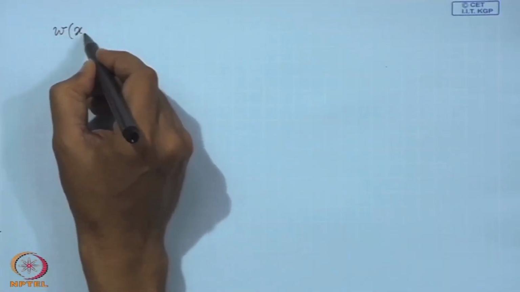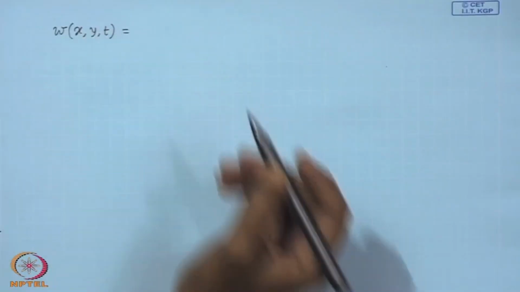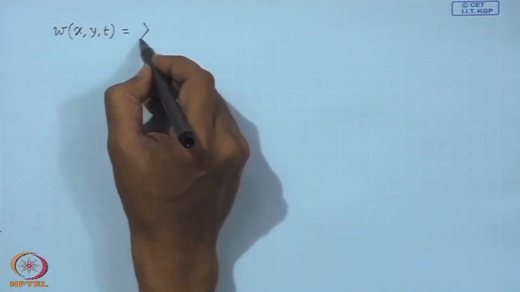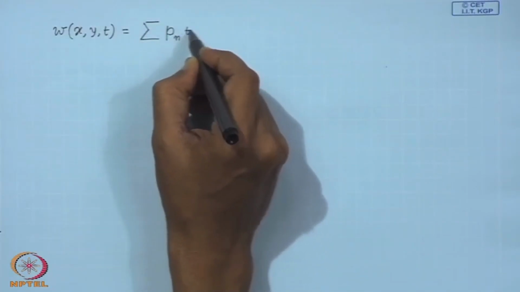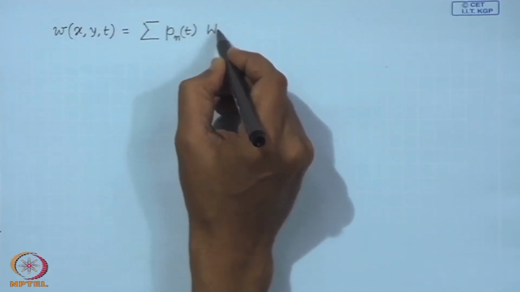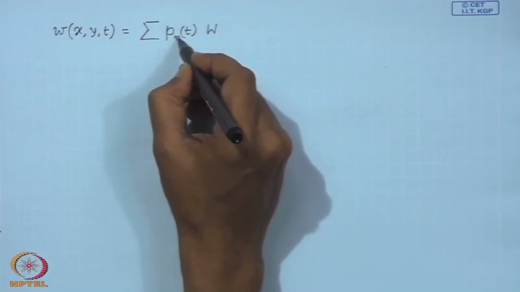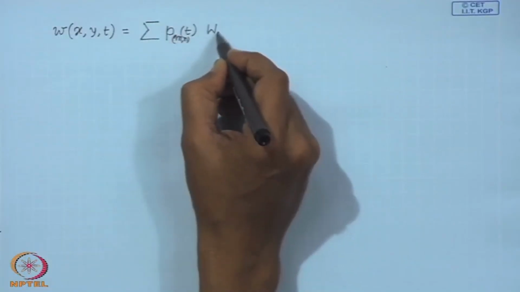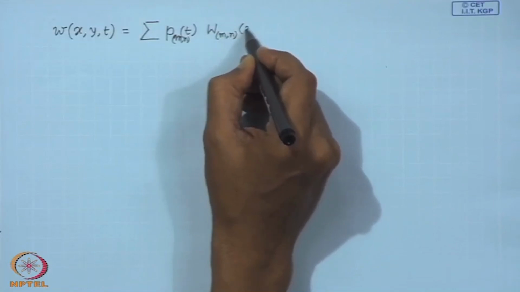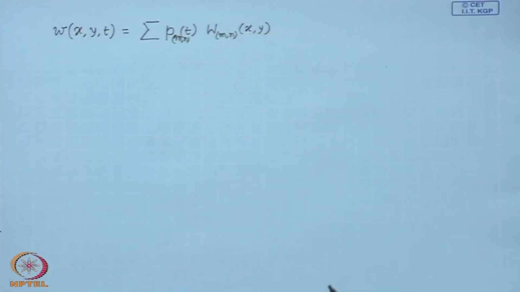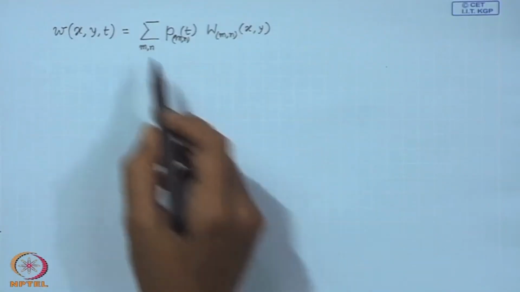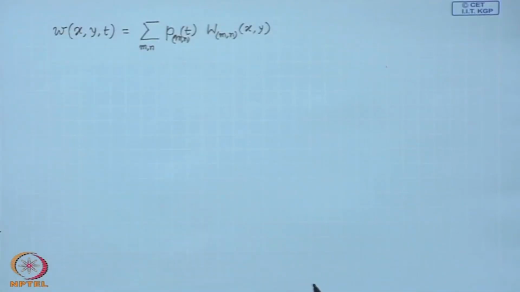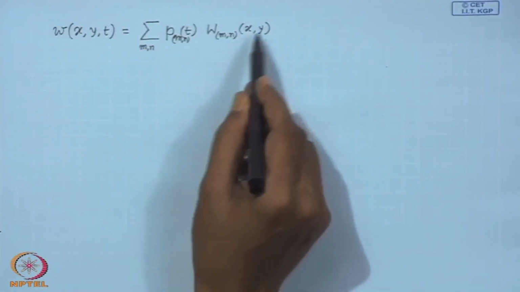What we have to do is write the solution as an expansion, with of course two indices, in terms of some known functions.